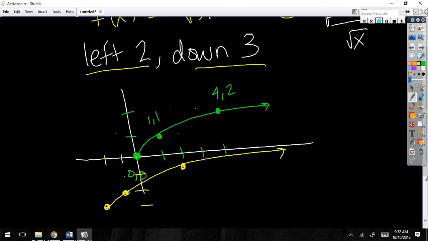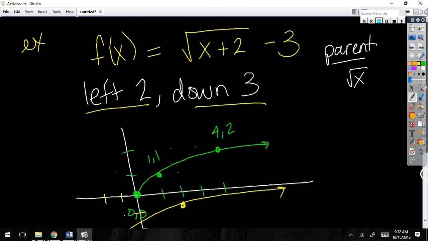So look at that yellow equation. We know that the parent is the square root of x. So from that, we're going left 2 and down 3. Every single point goes left 2, down 3. That's all it's doing: it's taking that whole graph and sliding it down and left. If you could just pick it up and slide it, that's all it's doing.